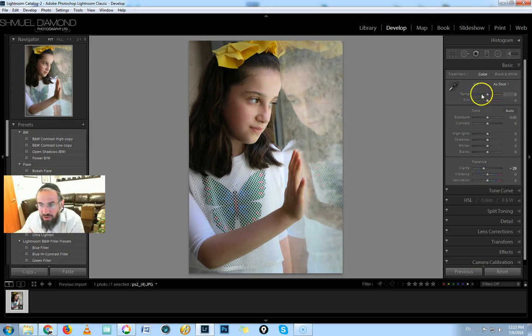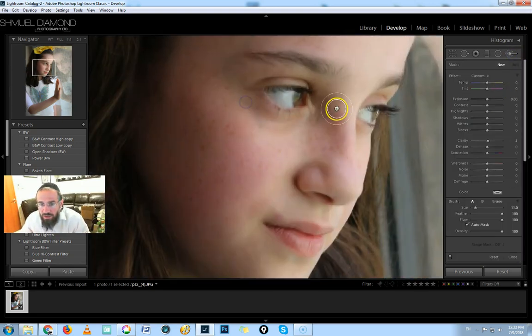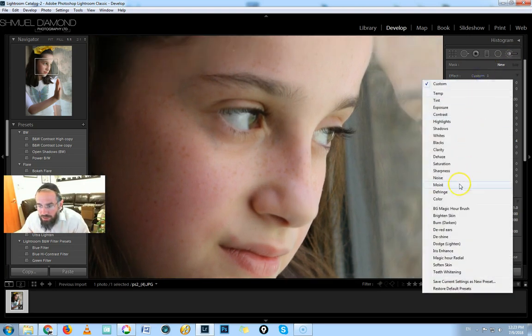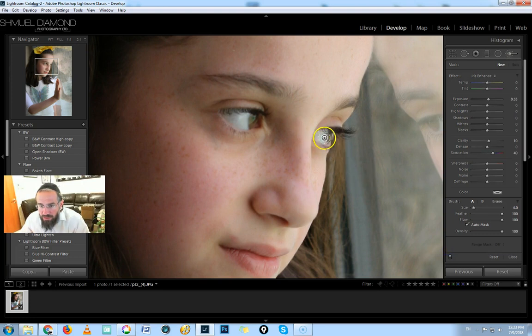I think I might even soften her skin a teeny little bit. I don't think we can do that much more here. And then I'm going to enhance her eyes a teeny bit. Let's do this, iris enhance. Could be that we have to take this off. I'm not sure.